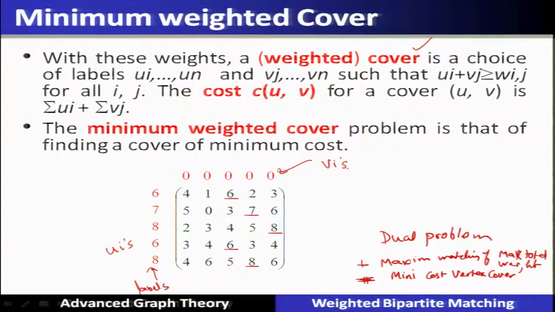If we sum them, that means all UIs plus all VIs, then it will form a cover, and that is called the CUV cover. This particular CUV cover is nothing but a summation of all UIs and a summation of all VIs. We want to find this particular cover of minimum weight.